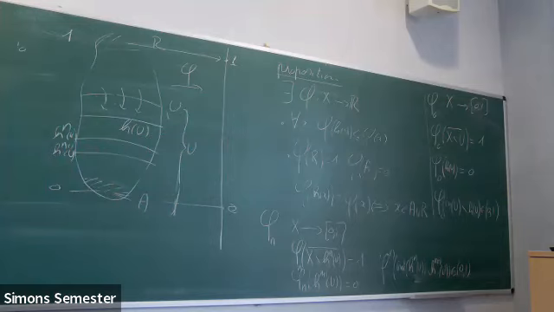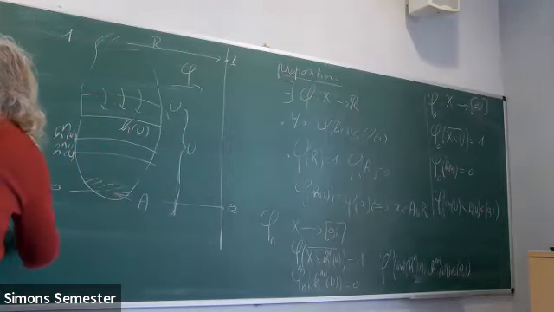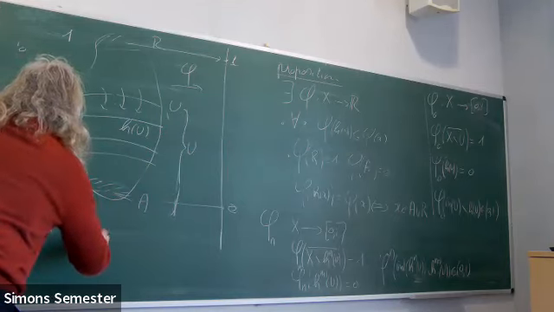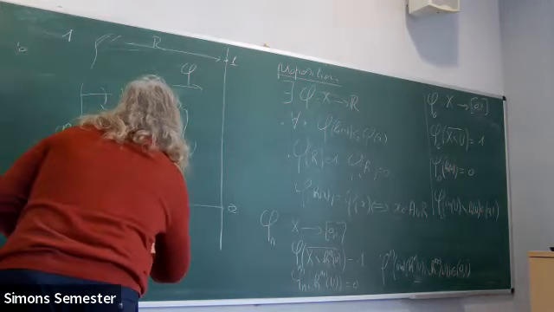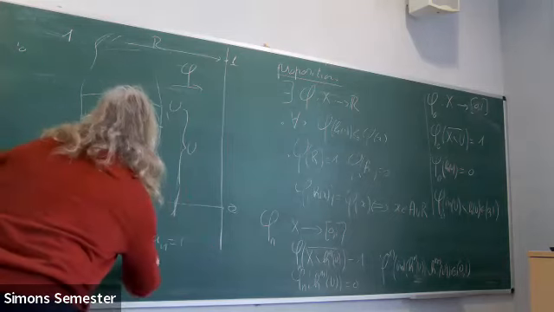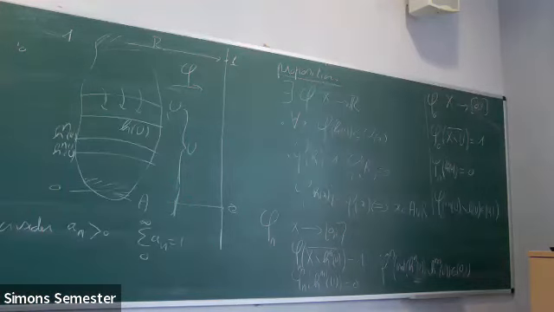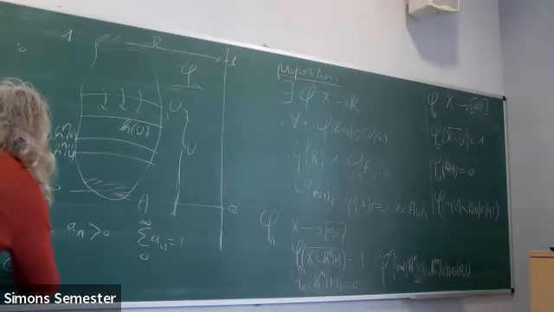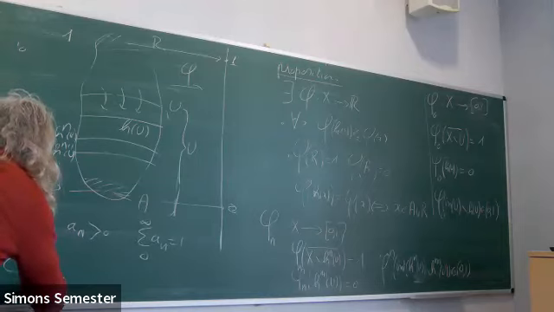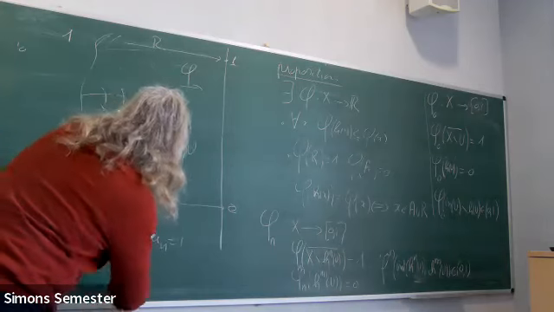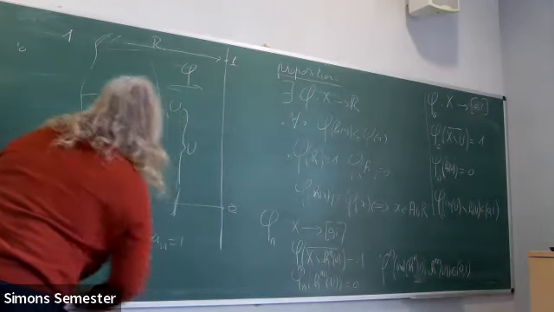So now consider a_n positive numbers so that the sum of the a_n is equal to 1, and you consider the sum of the phi n for n in Z, from minus infinity to plus infinity.